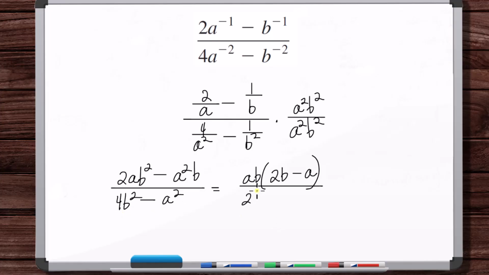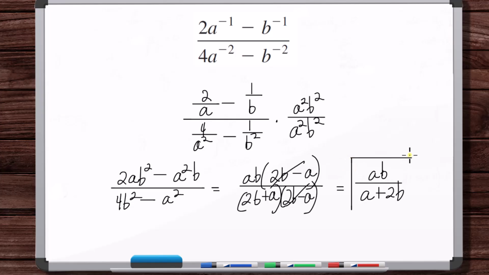So 2b plus a and 2b minus a. Okay, so we've got a plus 2b and then ab, and there we go. Now, a can't be 0, b can't be 0, and then you'd have to figure out what combination of a and b would make the denominator 0, but this is the simplified form.